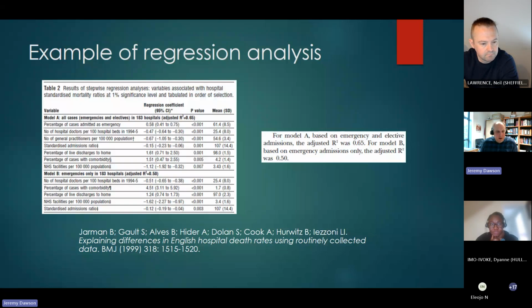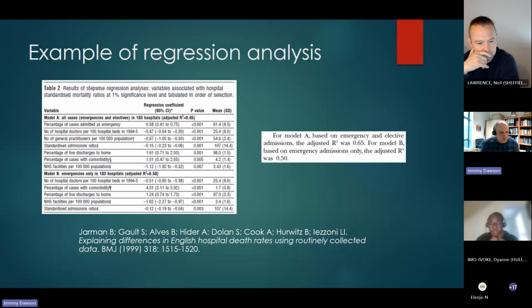So these other variables in the equation, percentage of cases with comorbidity, percentage of live discharges, etc., if they all stay the same, but the number of hospital doctors changed, then that would be our best estimate of what would happen to the outcome. We have to be careful, though, that this is observational data.